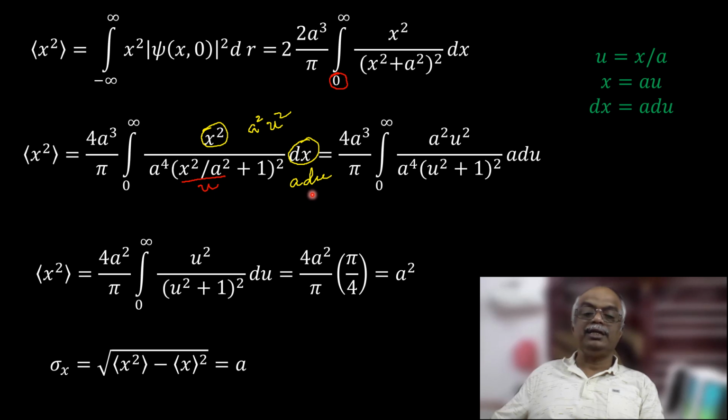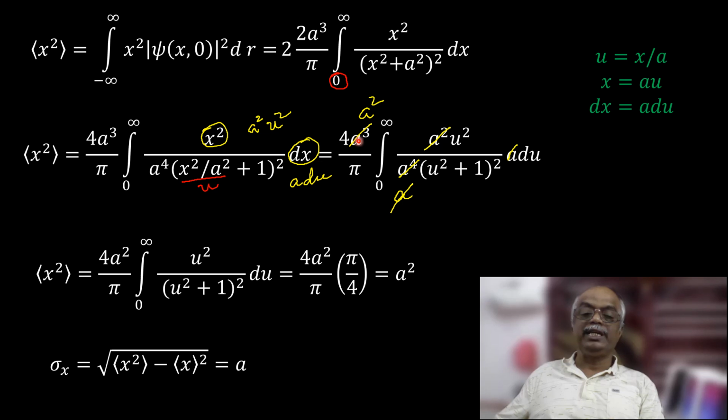Now you can cancel some of the constants. Here you have a cubed. Inside the integral you have this a squared, and one a from dx, and here you have a to the power 4. So this will become just a, because we are cancelling a squared into a cubed divided by a to the power 4. Further, this a you can also cancel with this a cubed, which will become a squared.